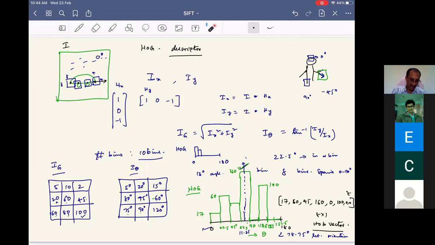I take the same 3 cross 3 patch, and it is rotated by, say, 45 degrees this side. What will happen if the same patch, say this car, is now rotated by 45 degrees? The car is visible, something like this.